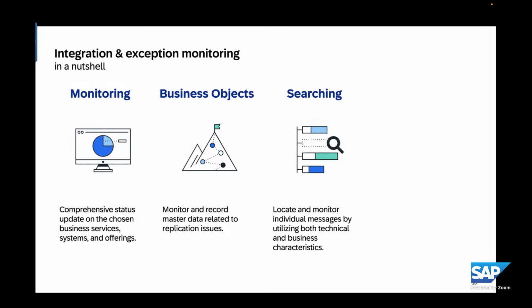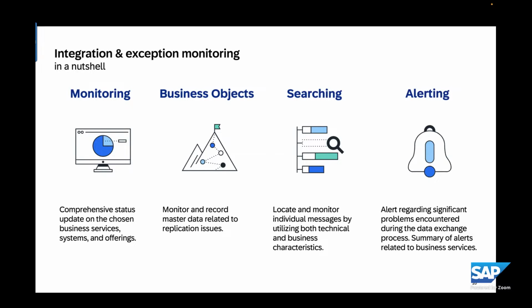We have a so-called searching functionality or tracking functionality in our application embedded. Here you can simply search for certain attributes at technical or business characteristic level to simply find messages or integration artifacts for certain aspects. And then, of course, we have the whole alerting functionality available.